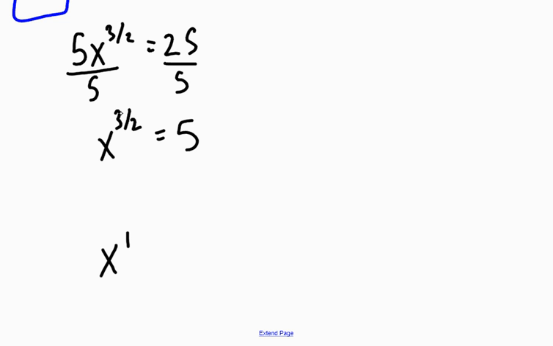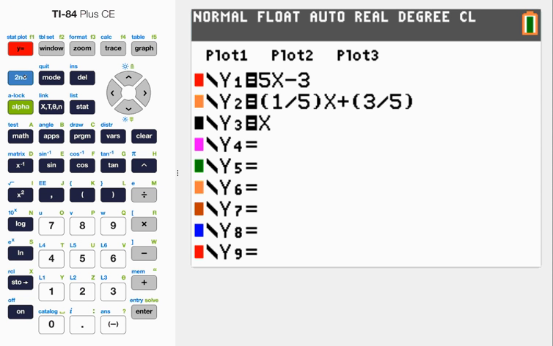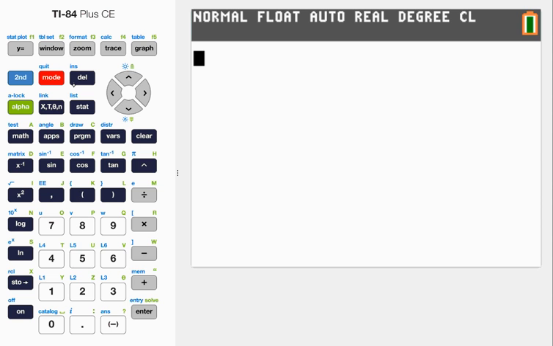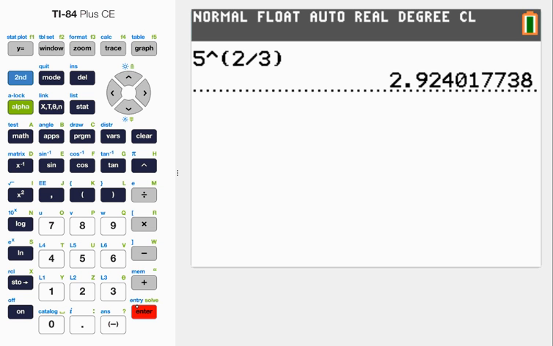Well, how do I get rid of 3 halves? I multiply by 2/3. If I raise this side to the 2/3, I also need to raise this side to the 2/3. And then when I do that, I will have x to the first. So I get x to the first equals, and then you can just grab your calculator and type in 5, this is your exponent property, put parentheses since it's a fraction, 2/3, end up with 2.92.